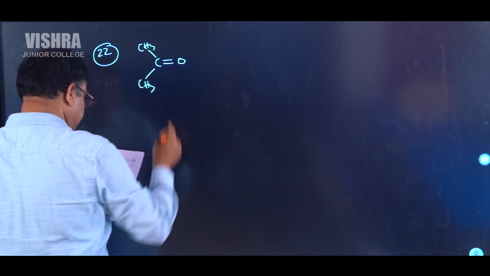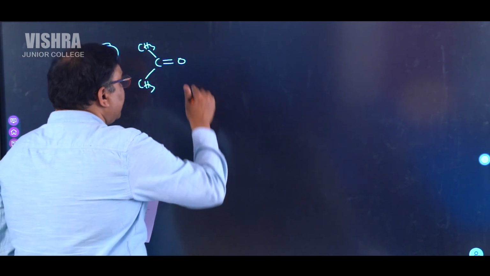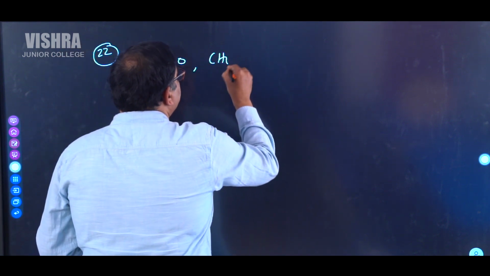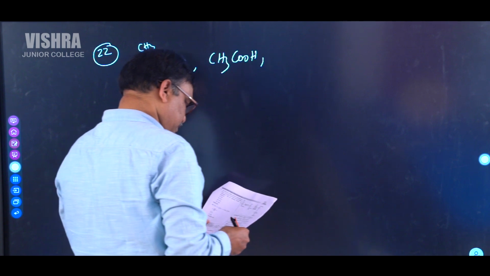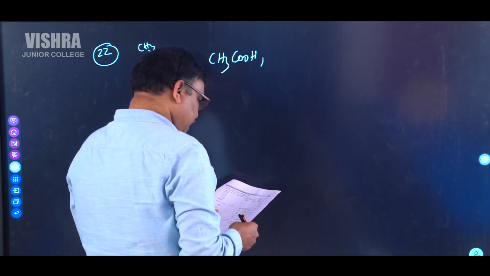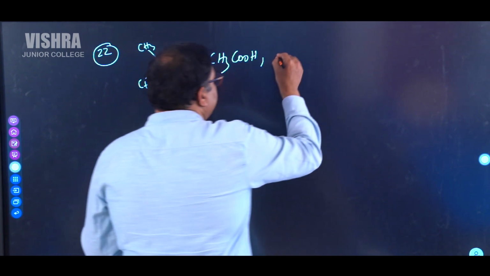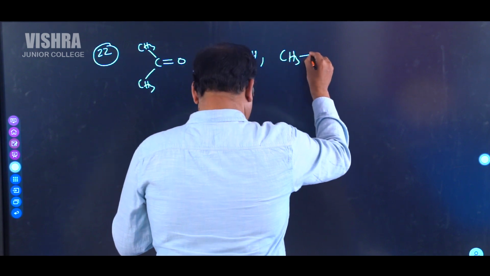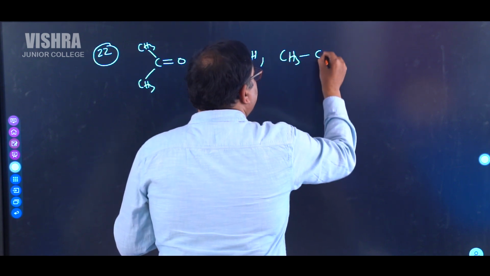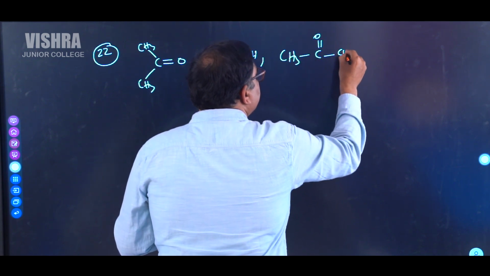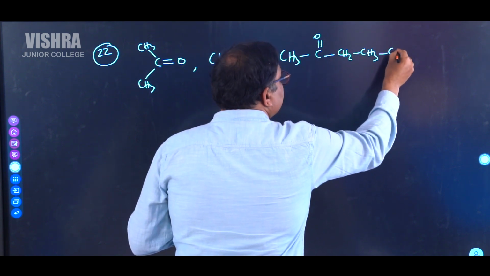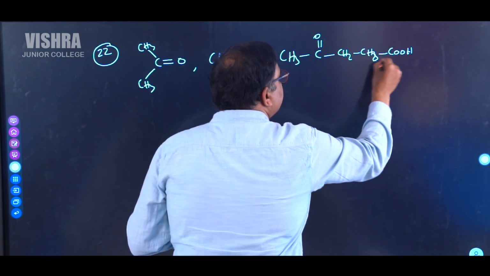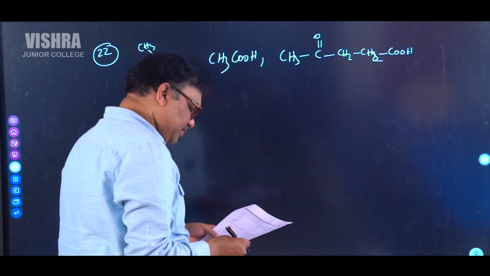This one is acetone, and this one is acetic acid. And we have CH3, C double bond O, CH2, COOH.